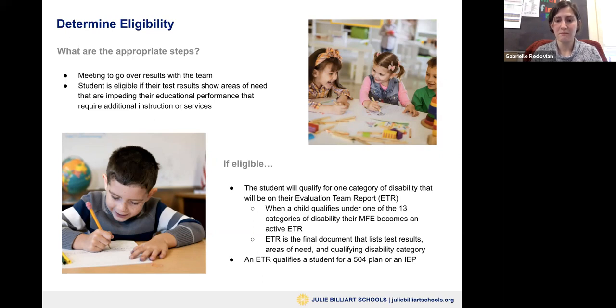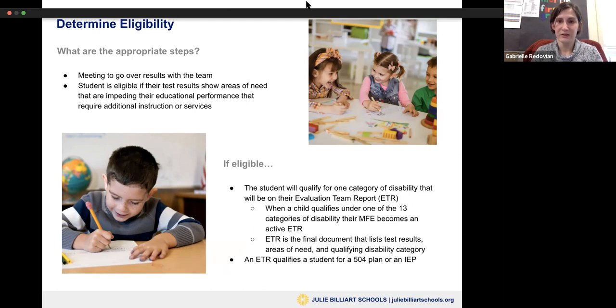So they would, based off of those results, if they show that there is an area of need or a weakness, that child would qualify for something called an evaluation team report. And the student or child would qualify under one of those categories of disability. Now, there are 13 different categories that child could qualify under.